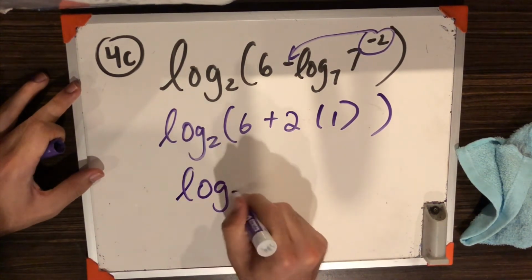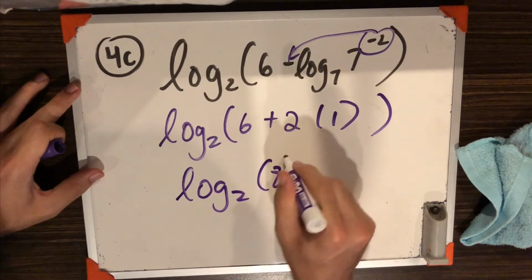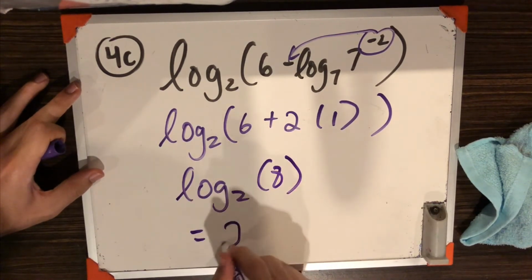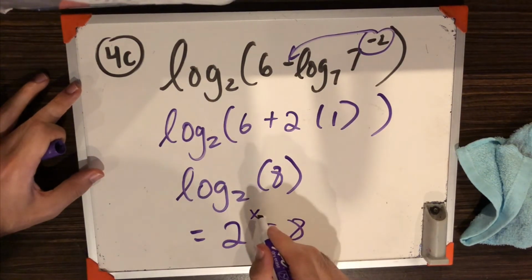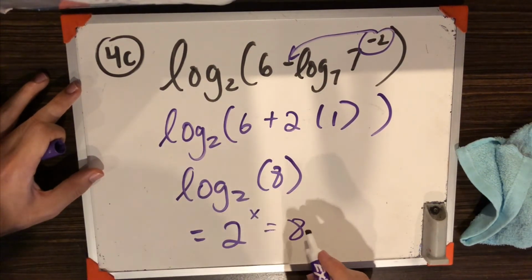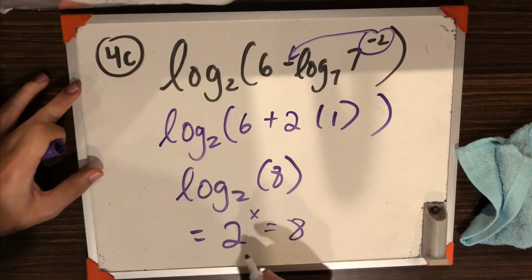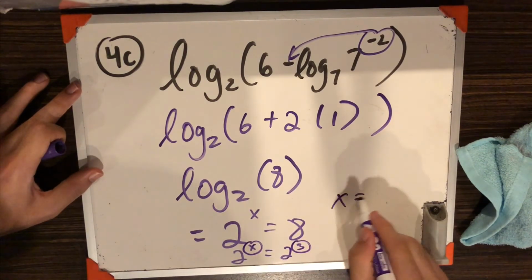So we end up having log base 2 of 8. We can actually keep going. You can put this in exponent form, so 2 to the x power is equal to 8. x ends up being 3, but you can do this a long way as well. 2 to the x power is equal to 2 to the 3rd power. So x ends up being 3.